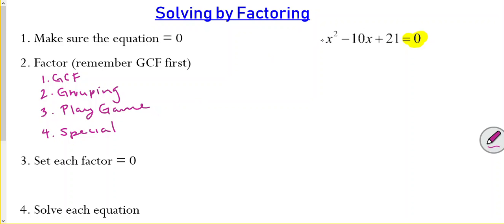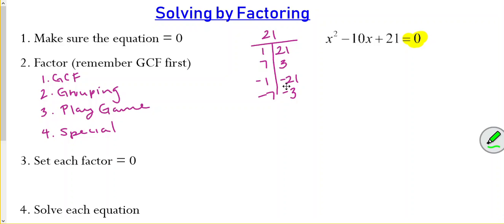Since there's no number in the front, I can just go to the last number and make my list of 21. So what multiplies to 21? I can do 1 times 21, or I can do 7 times 3. I can do -1 times -21, and -7 times -3.